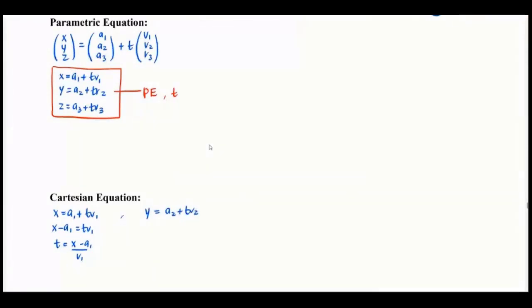So will be Y minus A2 equal TV2. So T will be equal to Y minus A2 over V2. And then for the Z, we're gonna have Z minus A3 equal TV3. So T directly we have it Z minus A3 over V3.